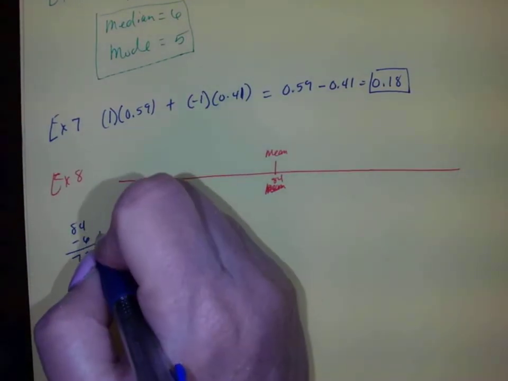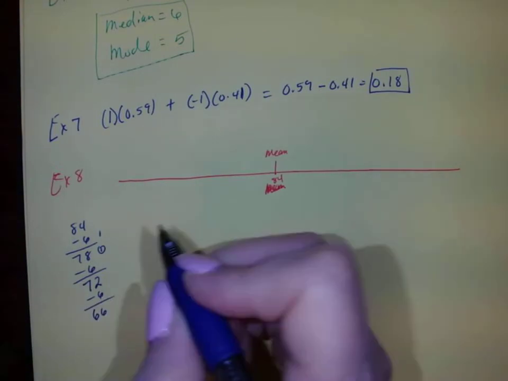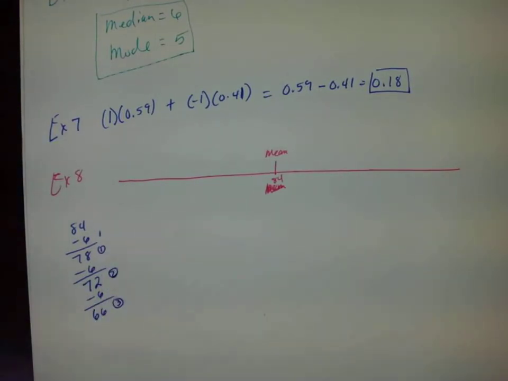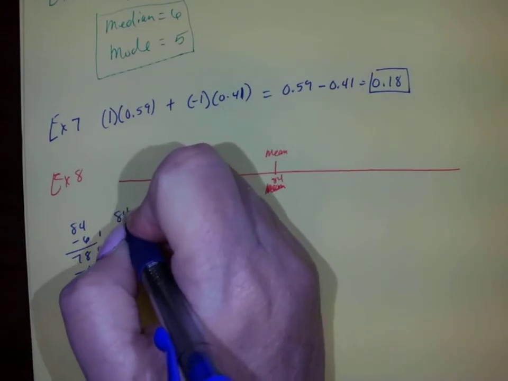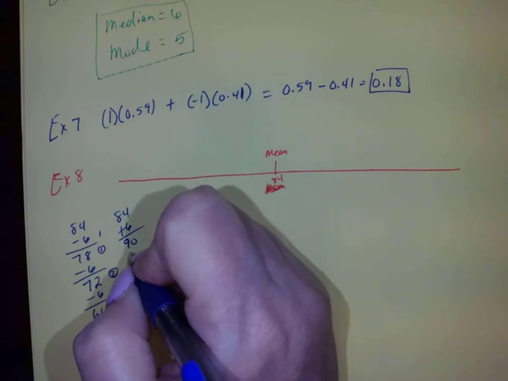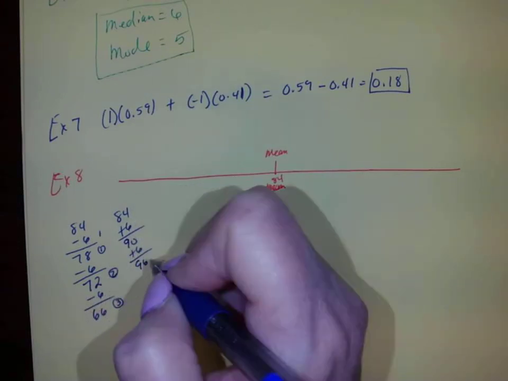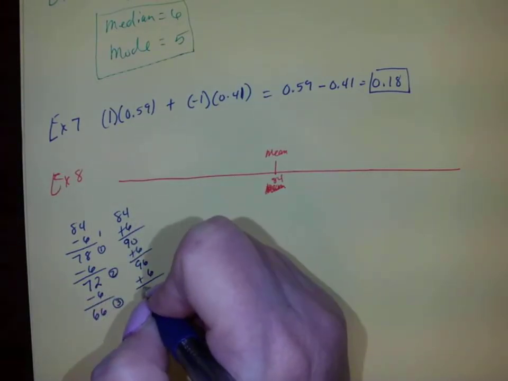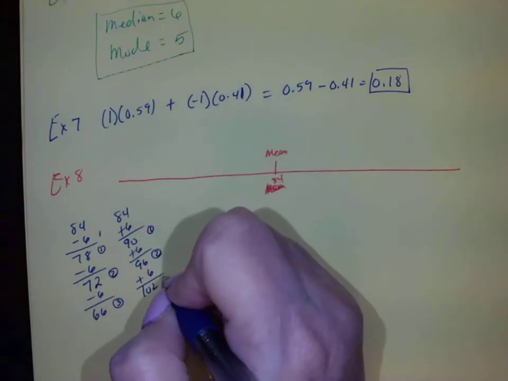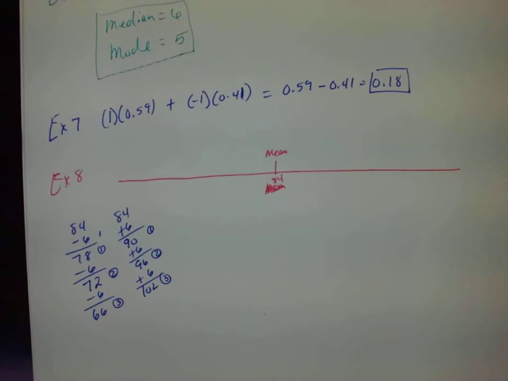So this is one standard deviation, 2 standard deviations, and 3 standard deviations away from the mean. For the other side, if I add my standard deviation instead of subtracting it, 84 plus 6 gets me 90, plus 6 gets me 96, plus 6 gets me 102. So this is 1, 2, and 3 standard deviations away from the mean.